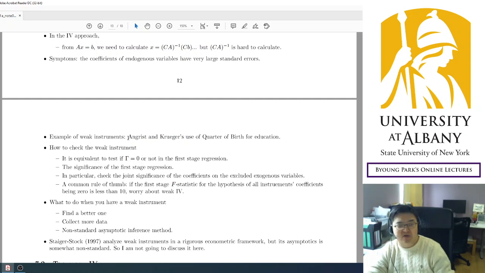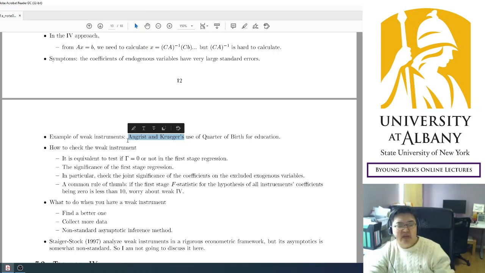At that time, it was sensational, revolutionary, a very clever idea. But later on, many people made follow-up studies on the same topic with the same data, and people realized this weak instrument problem after they used a very revolutionary method.